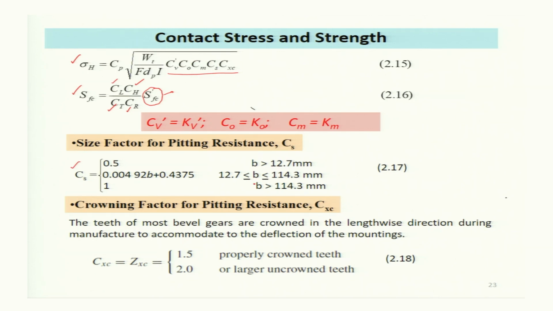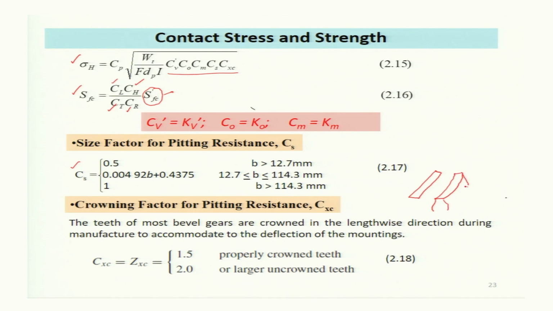Okay. Then Cxc is called the crowning factor for pitting resistance. The teeth of most bevel gears are crowned in the lengthwise direction. That means the top length will not be straight, but it will be curved. Okay.